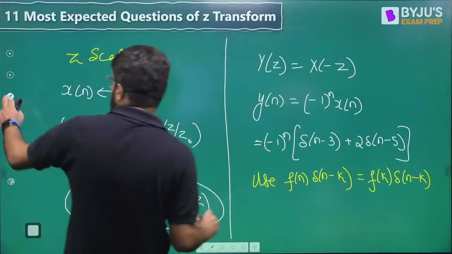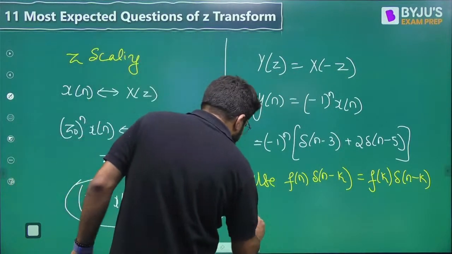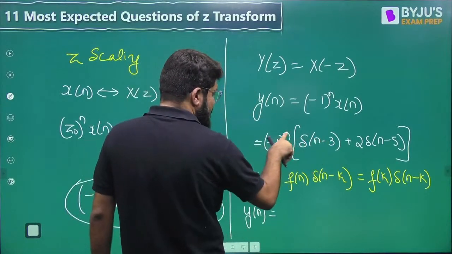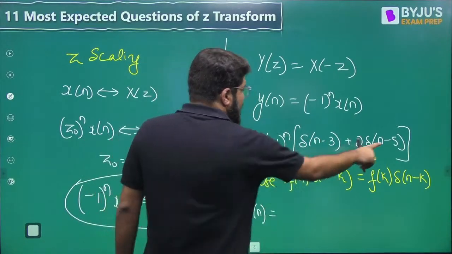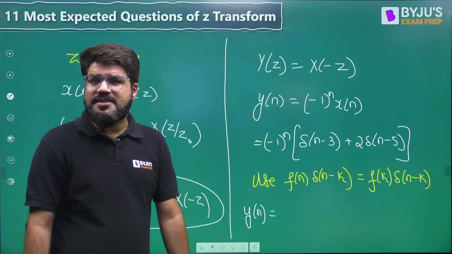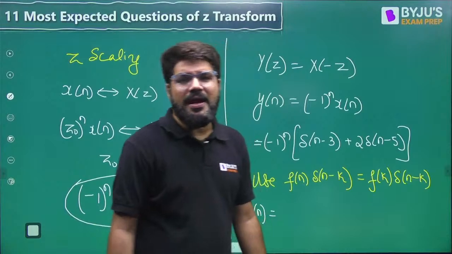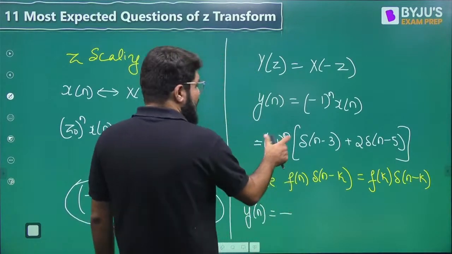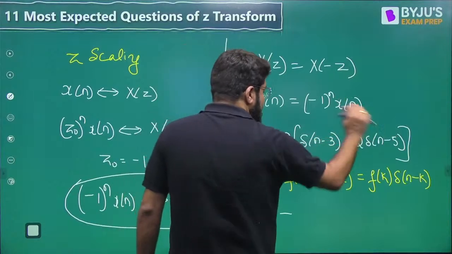Use this identity of unit impulse, and then you can say y[n] is equal to (-1)^3 delta[n-3] plus 2 times (-1)^5 delta[n-5]. Both are negative only, so minus delta[n-3] minus 2 delta[n-5].